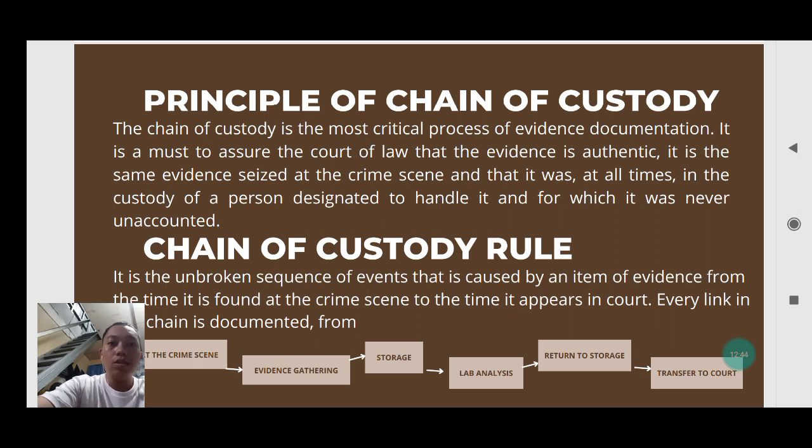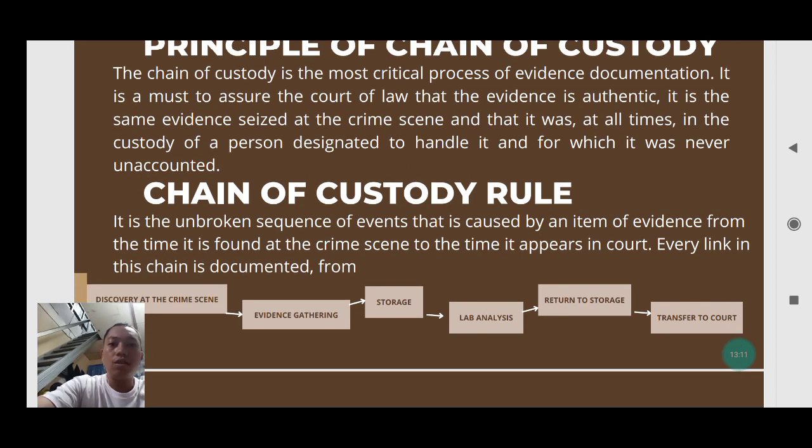It is a must to assure the court of law that the evidence is authentic, that it is the same evidence seen at the crime scene, and was at all times in the custody of a person designated to handle it and for which it was always accounted.